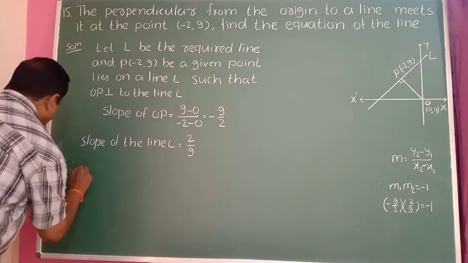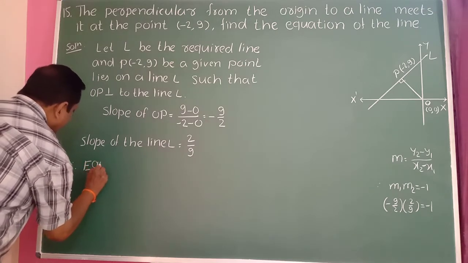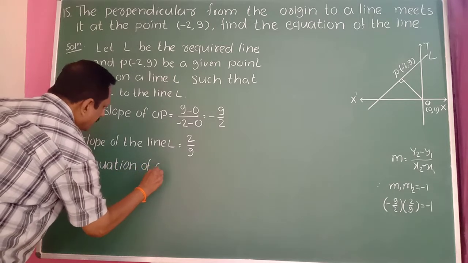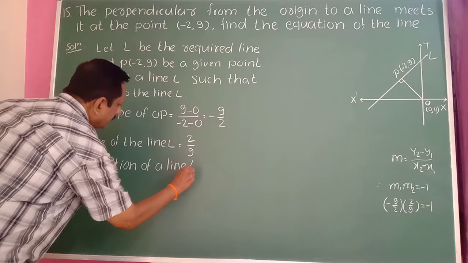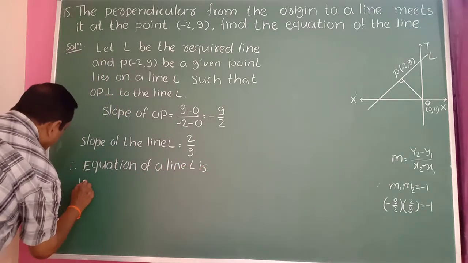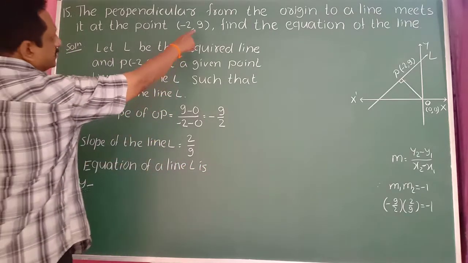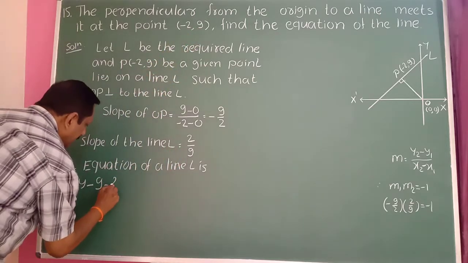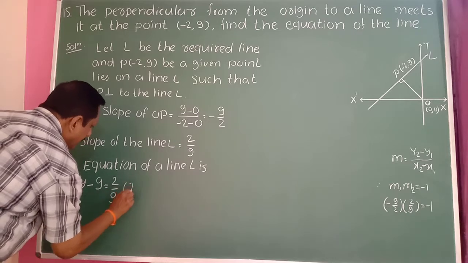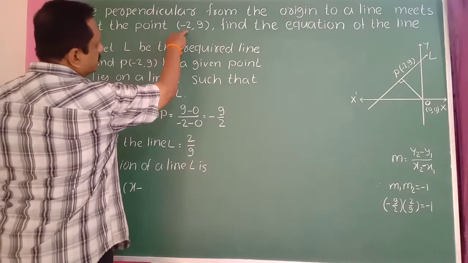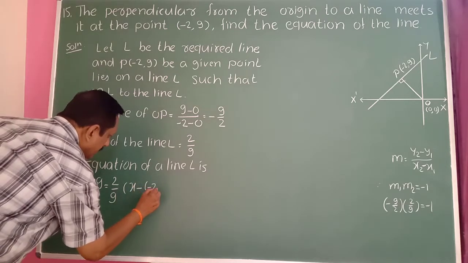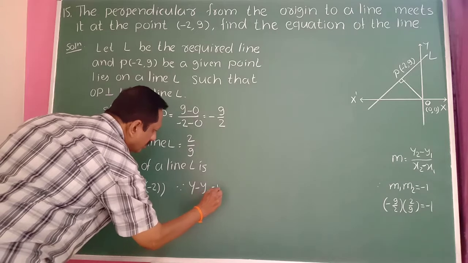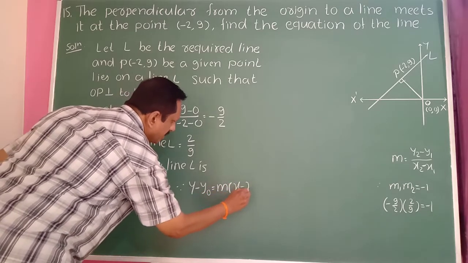Therefore the equation of the line L is y minus 9 is equal to the slope 2 upon 9 times (x minus x0), where x0 is minus 2. We are using the formula y minus y0 is equal to m times (x minus x0).